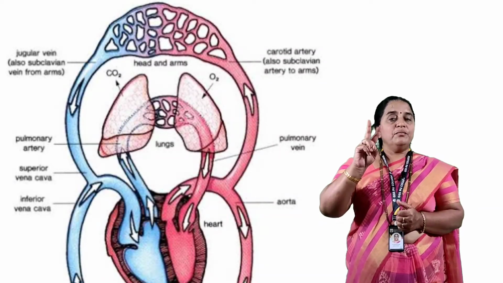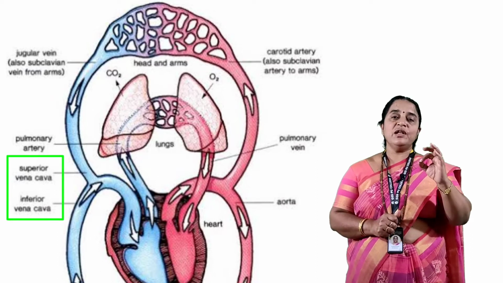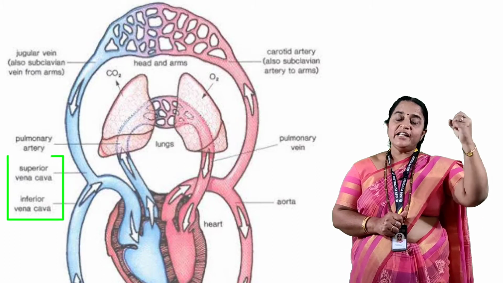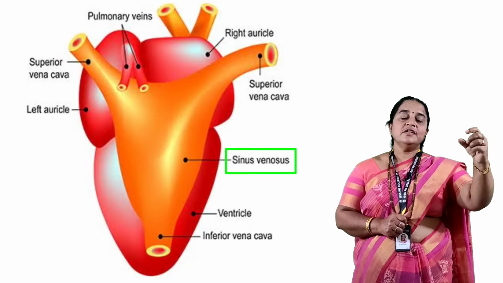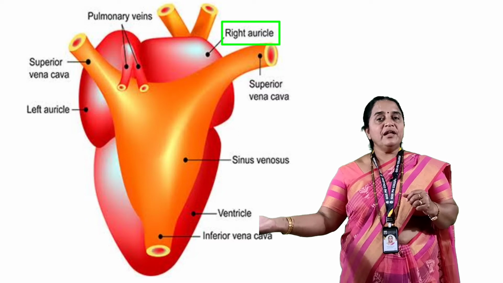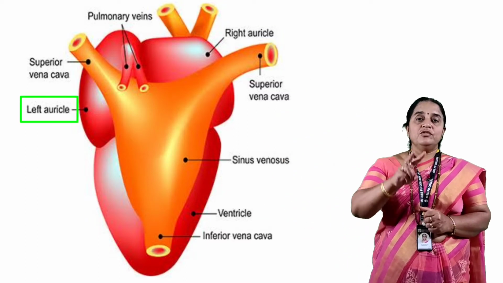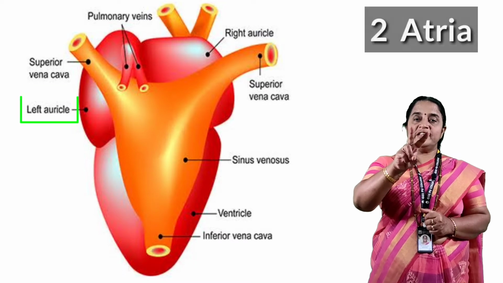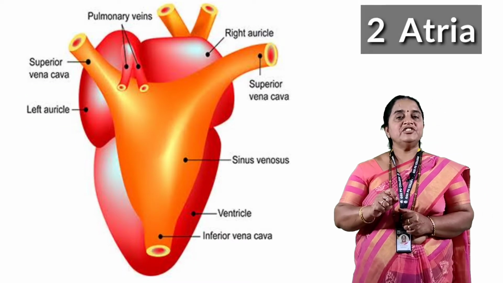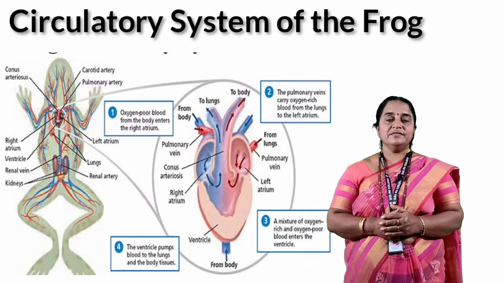Again, blood is collected from different body parts with the help of two vena cavae, the two largest veins, collecting the blood in sinus venosus, which opens into the right atrium. At the same time, from the lungs, oxygenated blood is entering into the left atrium. So two receiving chambers are atria and the distributing chamber is a single ventricle. This is about the circulatory system of the frog.